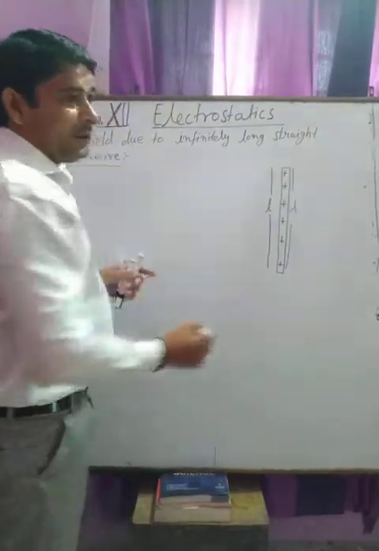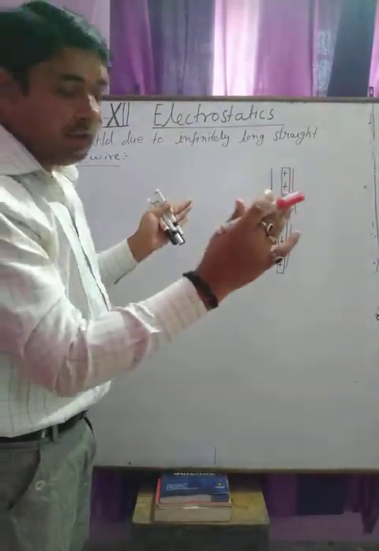Because it is a long wire, we are using a cylindrical Gaussian surface.